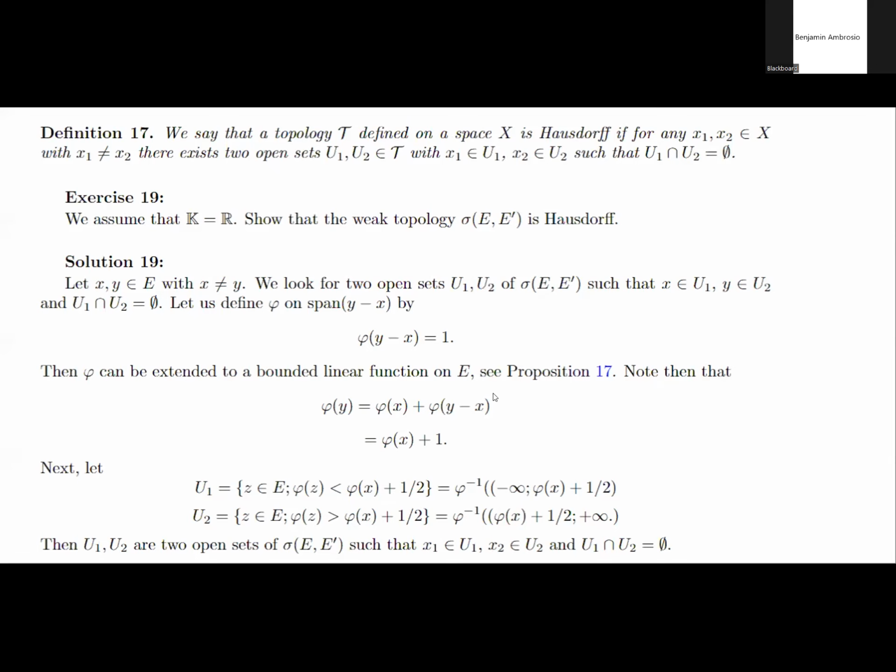So U1 and U2 are open sets of the weak topology because they write as phi minus 1 of open sets of R. This is an open interval in R. This is an open set. And phi minus 1 of an open set of R is an open set of the weak topology.